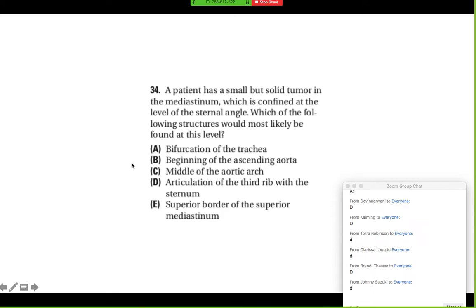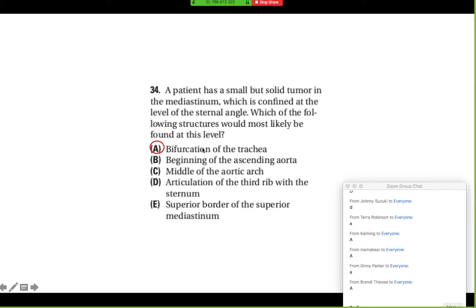A patient has a small but solid tumor in the mediastinum, which is confined at the level of the sternal angle. Which of the following structures would most likely be found at this level? So the bifurcation of the trachea, one important landmark identified by the sternal angle.